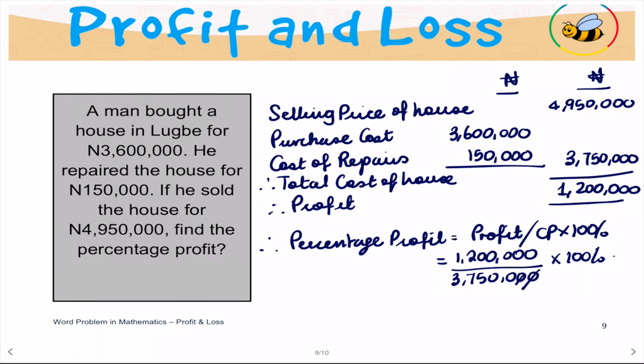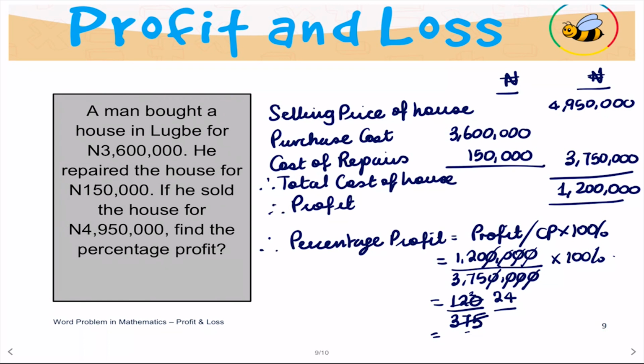If you take these zeros away, 3 zeros gone. If you take away these 2 zeros, you are left with 120 divided by 375. If we say let 5 go in here, 5 is going to go in here. 5 is going to go in here.